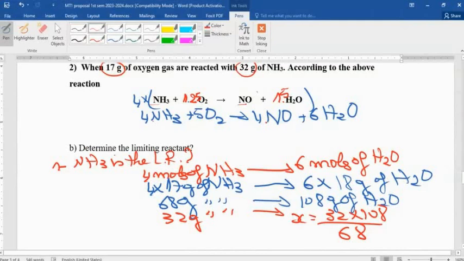So simple. And this 32 is close to half of 68, so my amount will be above 50.